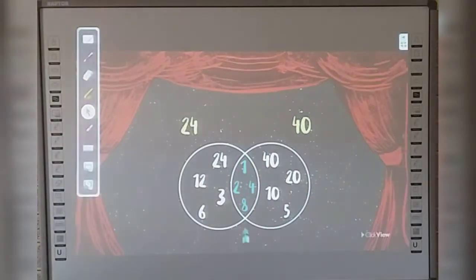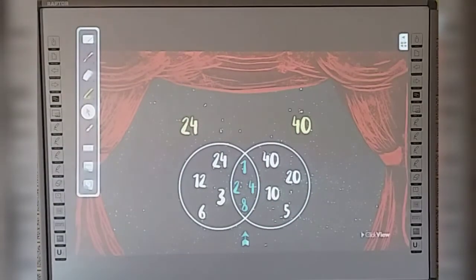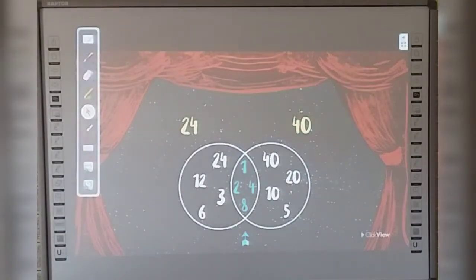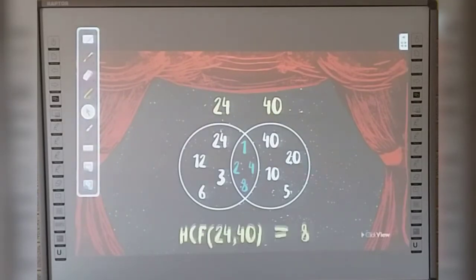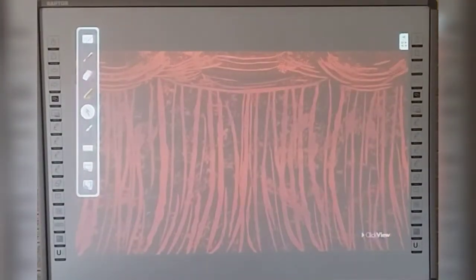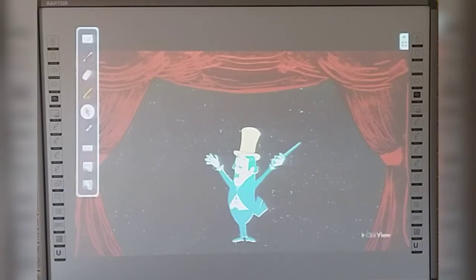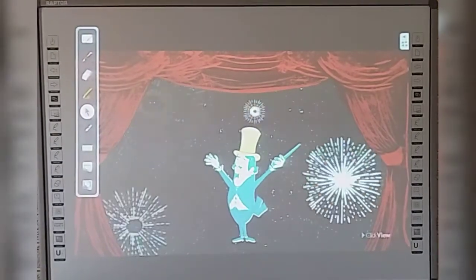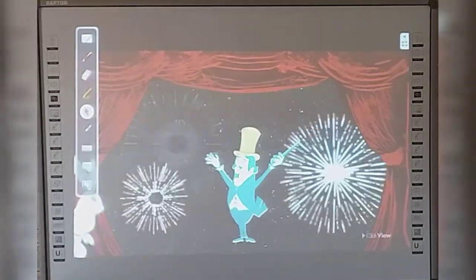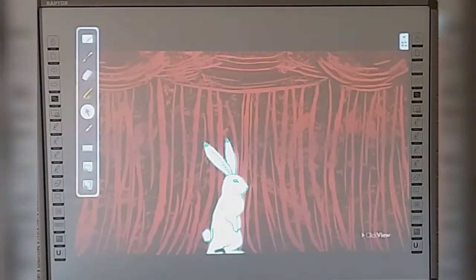Once you have found all the common factors that your two numbers share, all that's left to do is find which one is the highest number. This will be your HCF. The biggest number of these is 8, which means 8 is the HCF of 24 and 40. And there you have it. How to find the highest common factor of two numbers. Now it's time for you to hop along and find the highest common factors of other numbers.